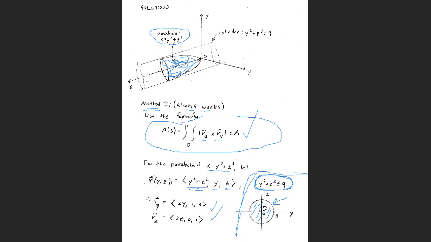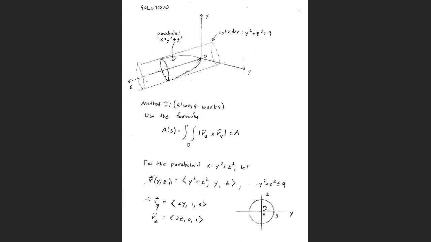Why is that, based on the picture here? Every one of these points here on the surface has an X, a Y and a Z coordinate, right?